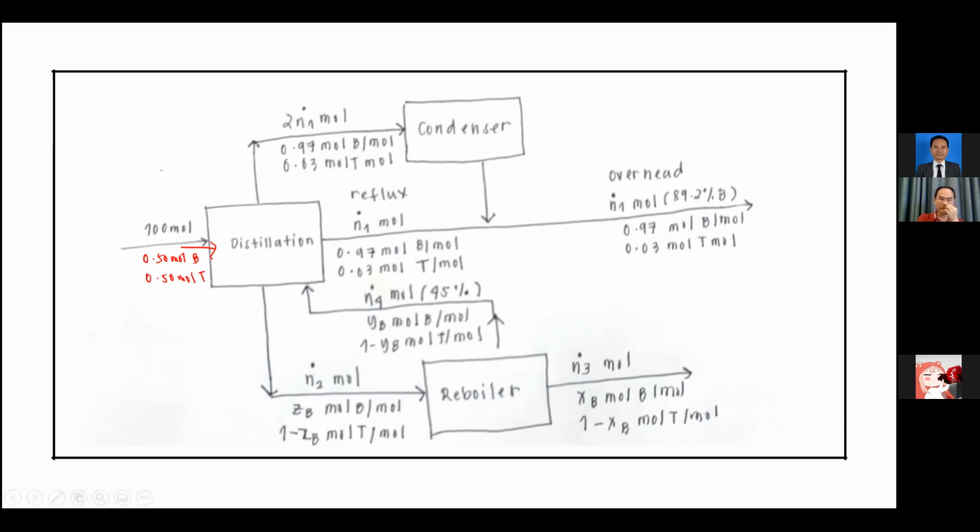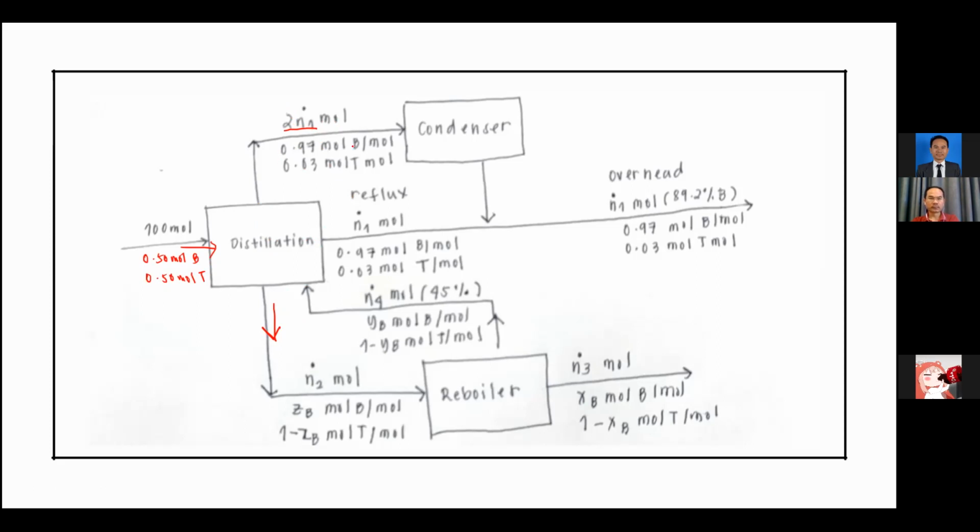Then here is the vapor stream that rises, and here is the liquid stream that flows downward. So we have here the 2 and 1.